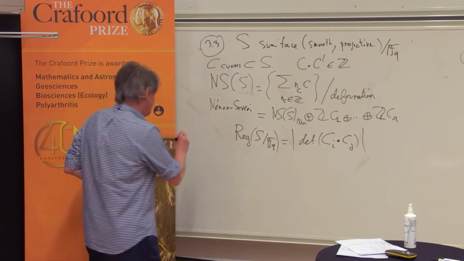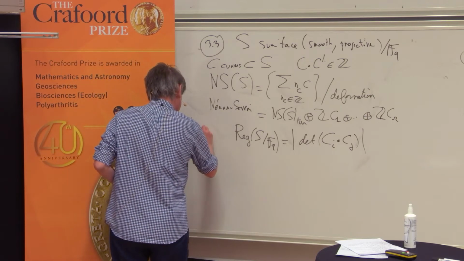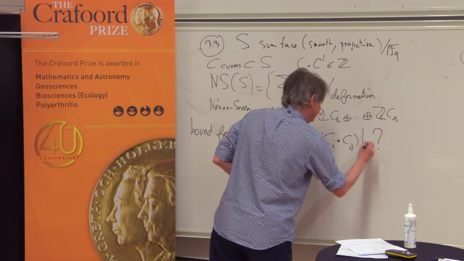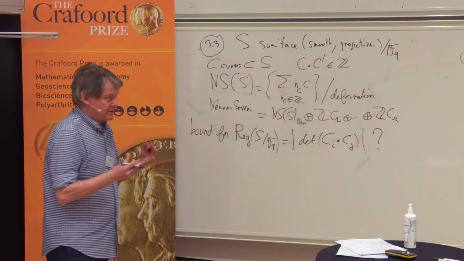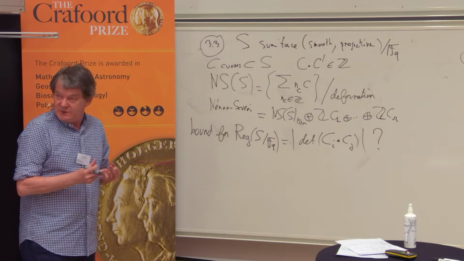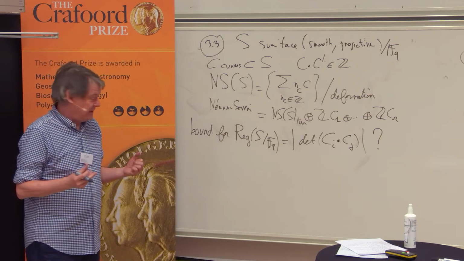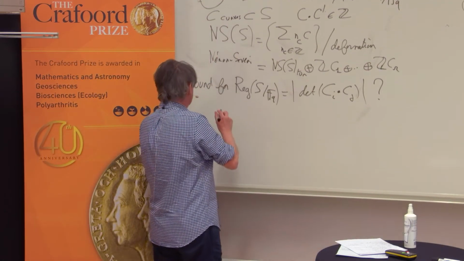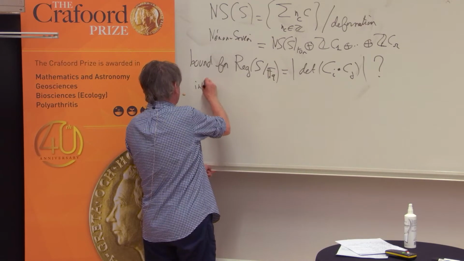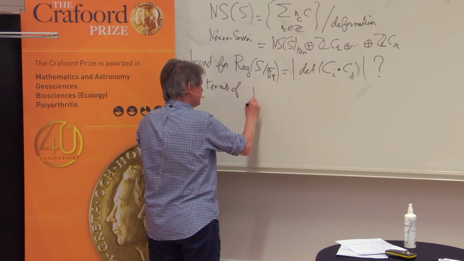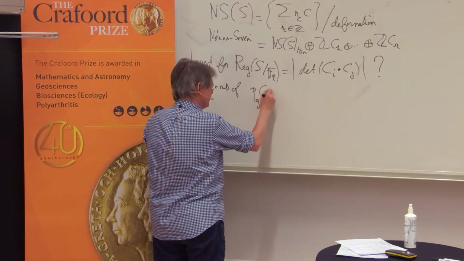And we ask for a bound for this. It's something, in some sense, that measures the complexity of the geometry of the surface, and we would like to have a bound for it. So in terms of what, well, you have a bit of a choice. I will choose what is called the geometric genus.